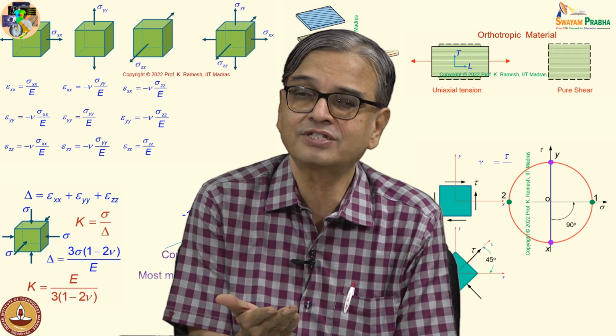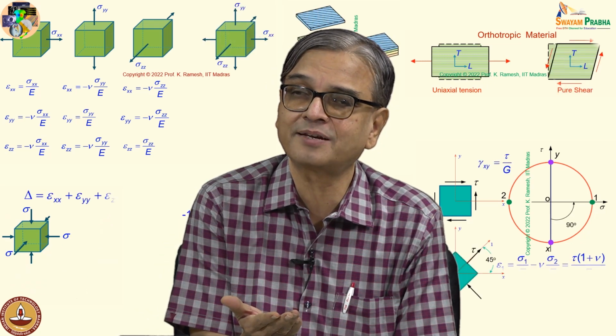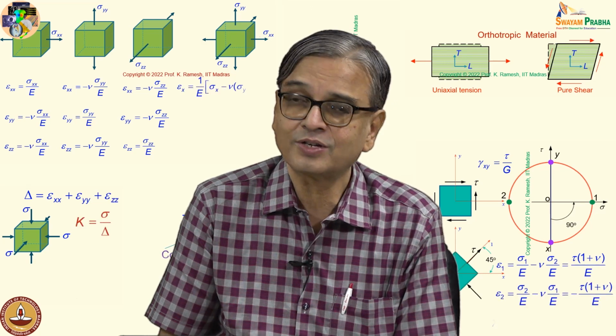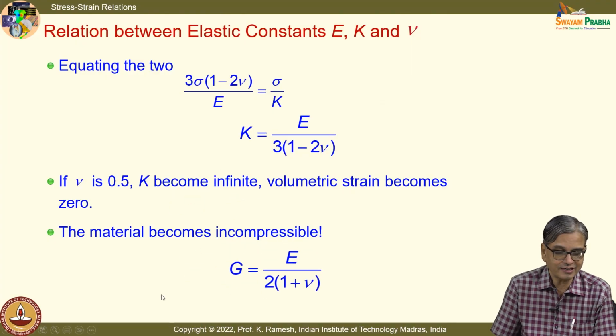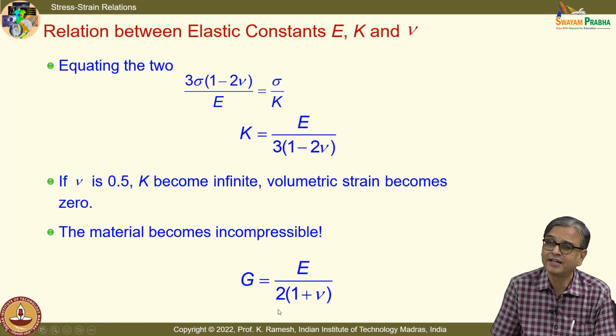See, we have just now seen a relationship between Young's modulus and shear modulus. What was it like? It was like G equal to E by 2 into 1 plus nu. So, this gives me the other limit, that it cannot go beyond -1.